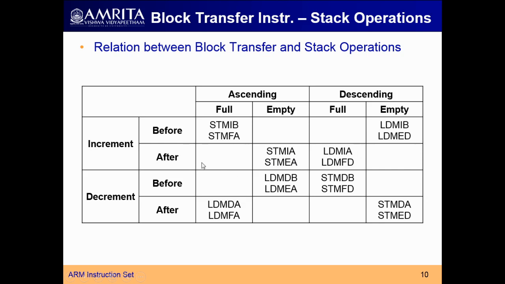This table shows how the block transfer instructions and stack operations are related, right? This block corresponds to full ascending stack, and the same block corresponds to increment before. Similarly, this corresponds to empty ascending stack, and to increment after. So these two are performing the same operation.